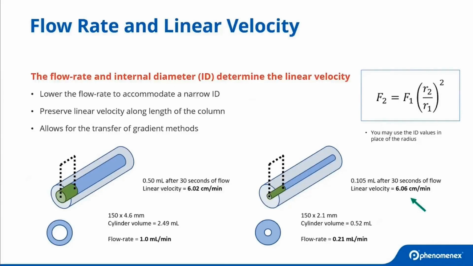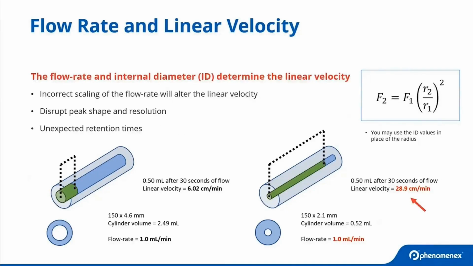But if we were to keep the same flow rate when migrating from a 4.6 millimeter ID down to a 2.1, this is what happens. If we kept that same flow rate of 1 milliliter a minute, we would end up generating a very aggressive linear velocity upon using a narrower internal diameter.